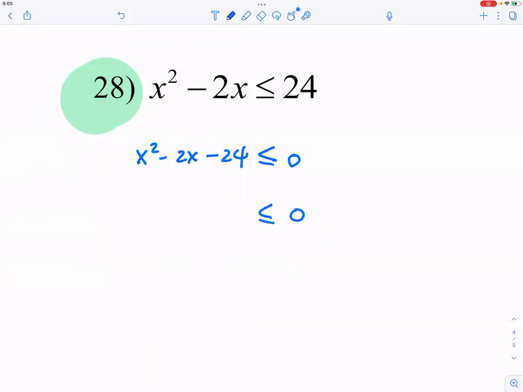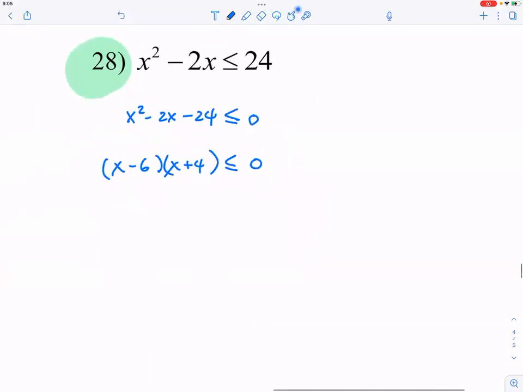Okay, and then if you see the standard form, you can factor it. So we have x and x, two numbers that can multiply to get you negative 24, 6 and 4, and in this case, it will be negative 6 and positive 4.